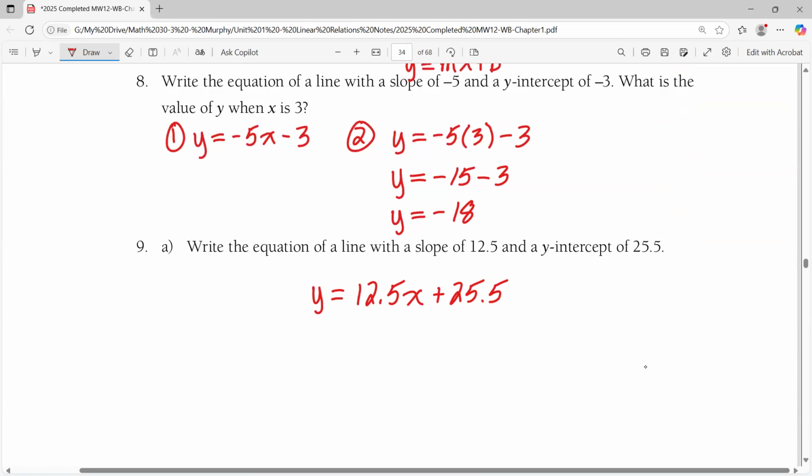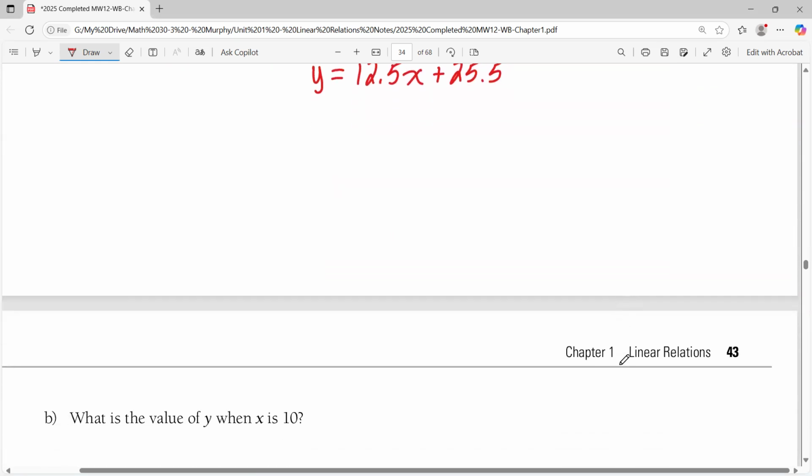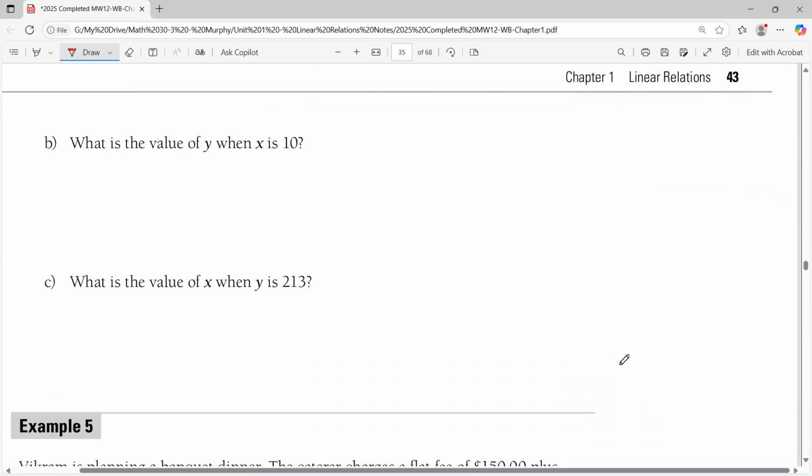And on the next page, we're going to use that equation to solve. So what is the value of y when x is 10? So I'll just put the equation back up here. It's 12.5 times x plus 25.5.